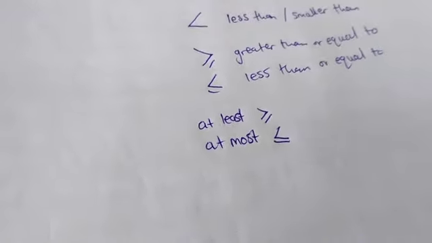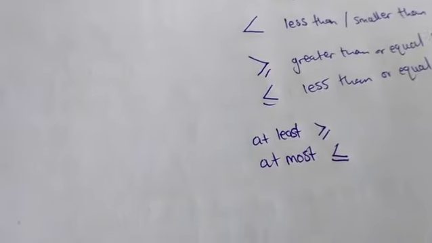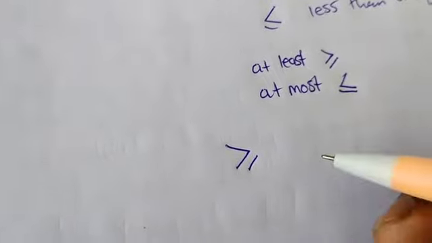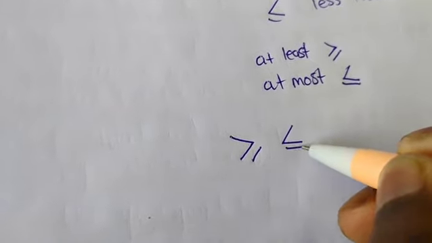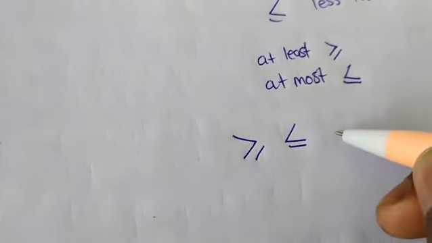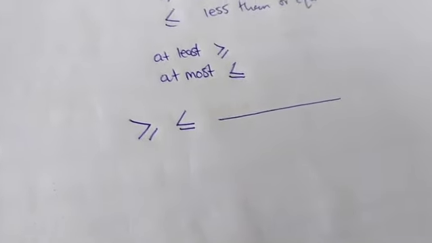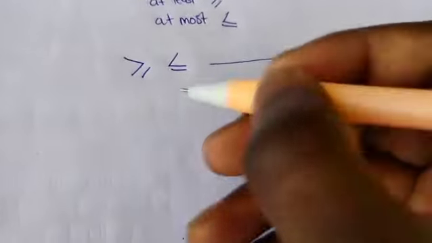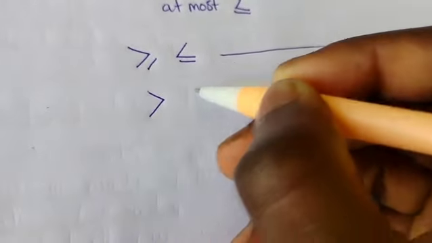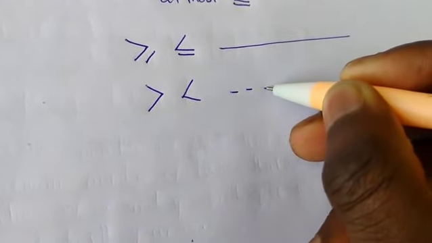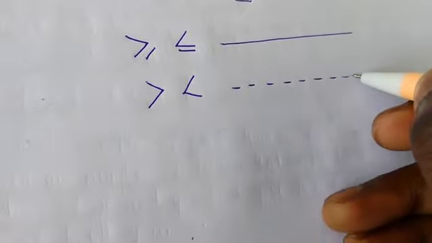Then if you are to draw the inequalities, if you see greater than or equal to, or less than or equal to, then you know you draw a solid line for that specific inequality. Then if you see greater than or less than without equal to, then you draw a broken line.